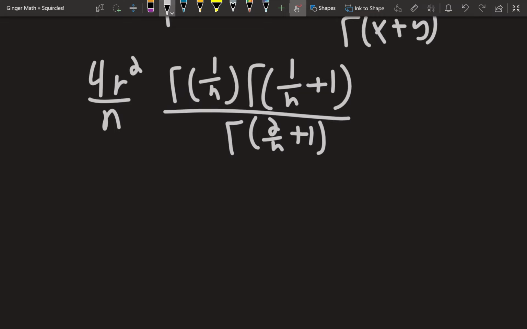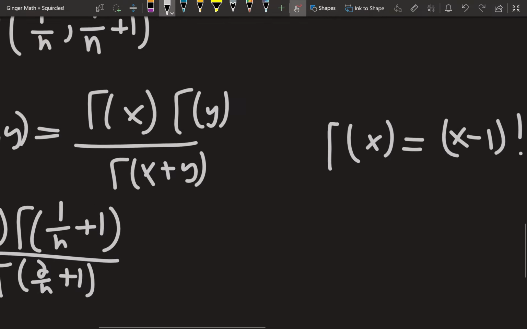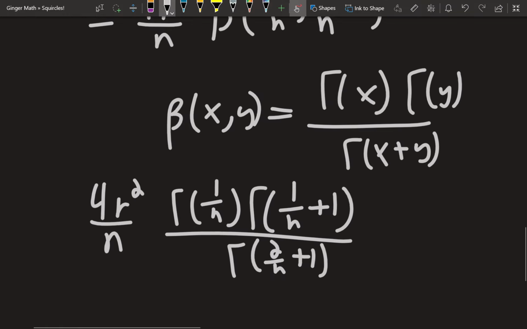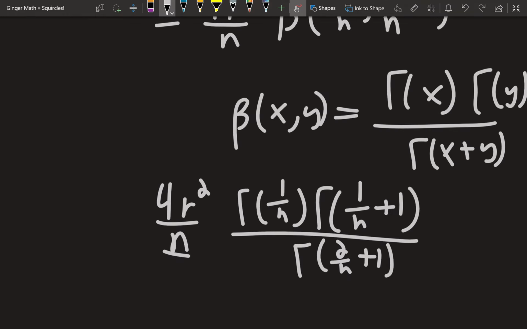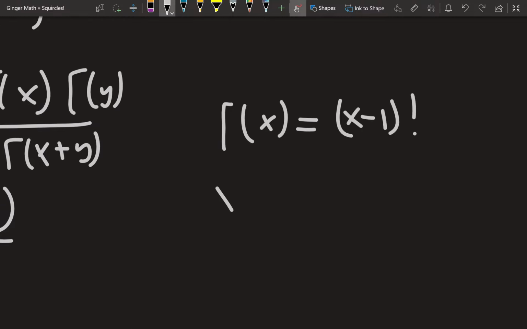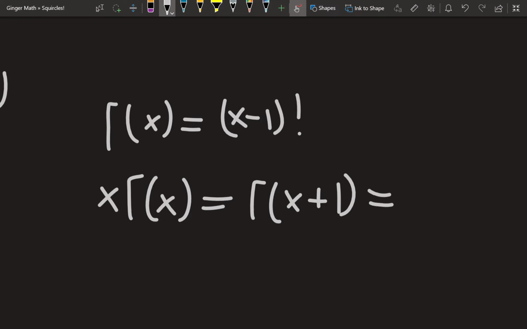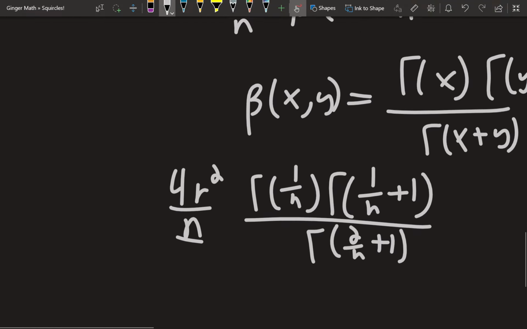It looks kind of terrible, but we can actually make it even nicer if we want, because you will notice that we have a 1 over n here, and we also have a gamma of 1 over n. And we also have the identity from here that x times the gamma of x is just gamma of x plus 1, which is actually just x factorial, but I think I'm going to leave it in terms of the gamma function.